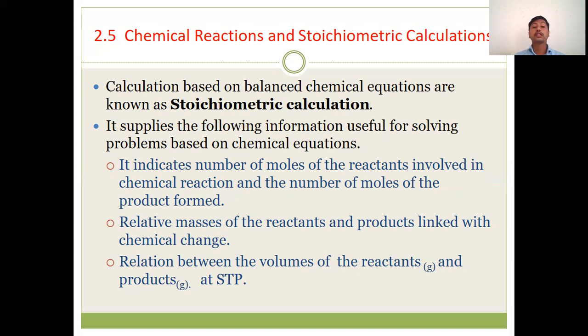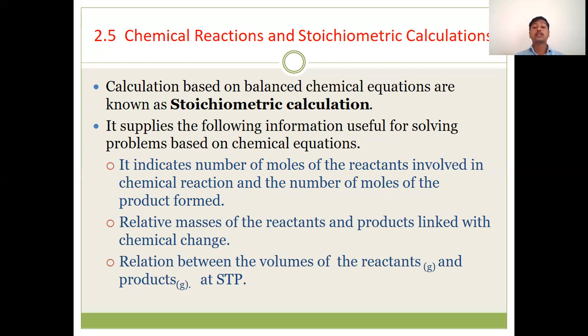Okay, then it supplies the following information useful for solving problems based on chemical equations. In the chemical equations, two to three points are very important to solve the stoichiometric calculations and chemical reactions. Solving problems based on chemical equations, these two to three points are very important.